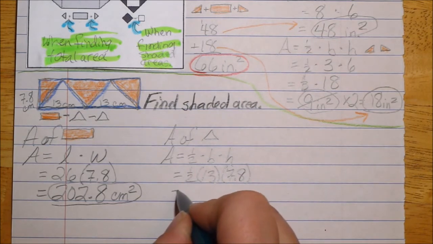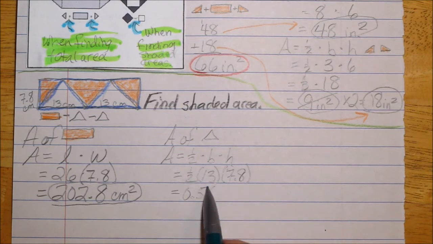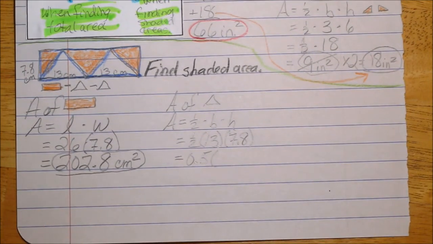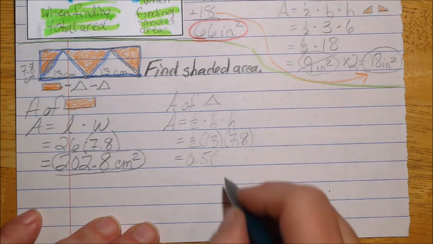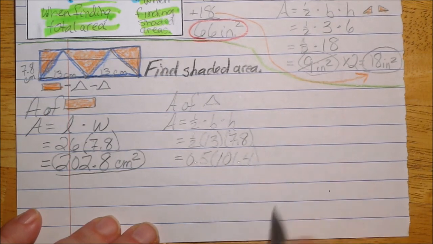So now I'm going to convert that 1/2 to a 0.5 and figure out what 13 times 7.8 is. So I'm going to have to scratch out to the side. Hang on a second here. All right. 13 times 7 8/10 is 101 4/10.